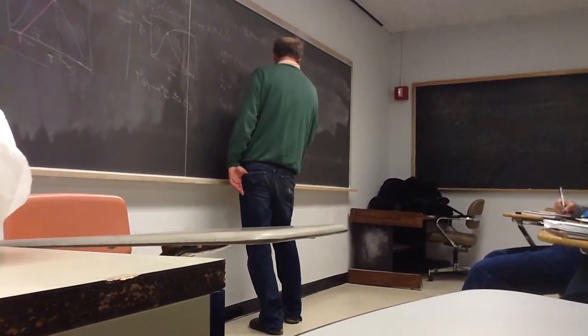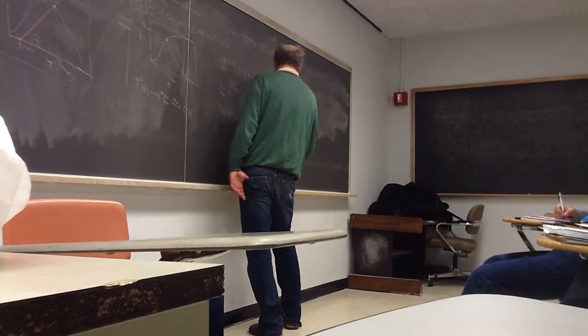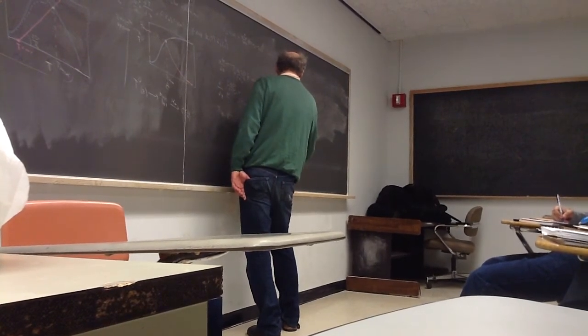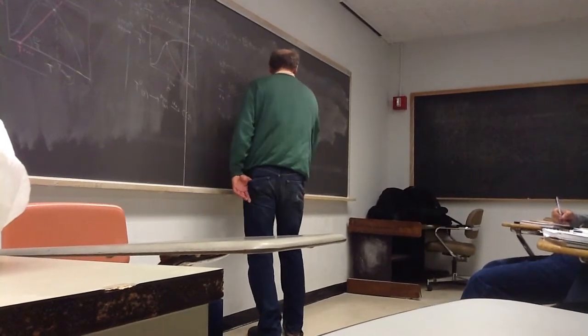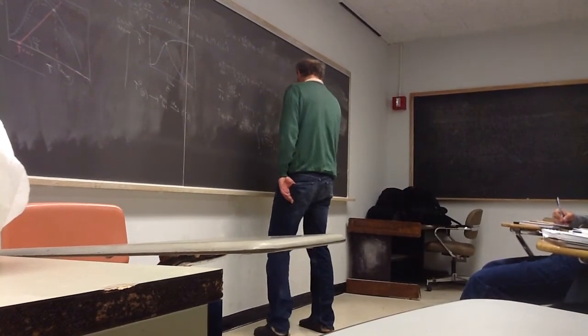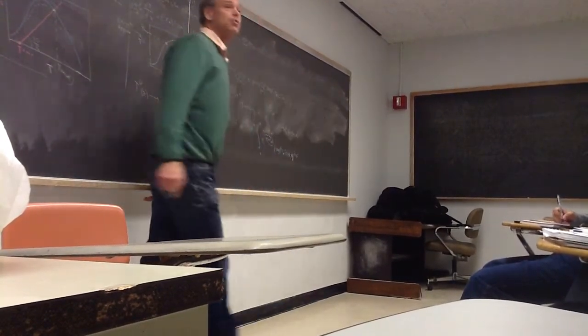Times minus delta H, another constant, times minus RA of C0 of Z prime, dZ prime. Okay, so what have I done?